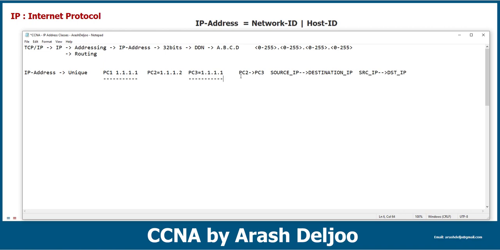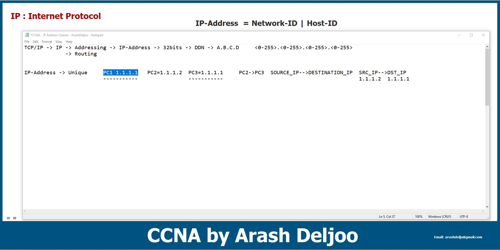Here, when PC2 needs to send traffic to PC3, PC2 should use its own IP address, 1.1.1.2, as the source IP, and the destination IP is 1.1.1.1, because this is the IP address of PC3. You know that this packet should be received only by PC3. But because PC1 also has this IP address, this traffic may now be received by PC1, because we didn't address PC1 and PC3 with unique IP addresses.